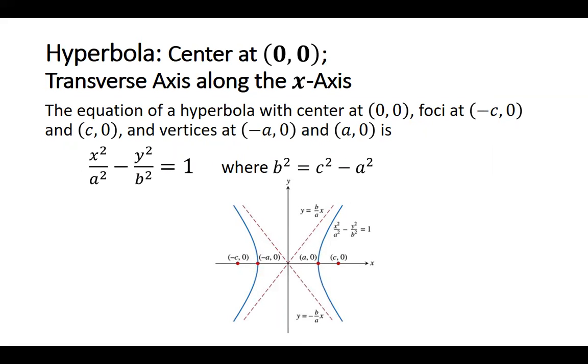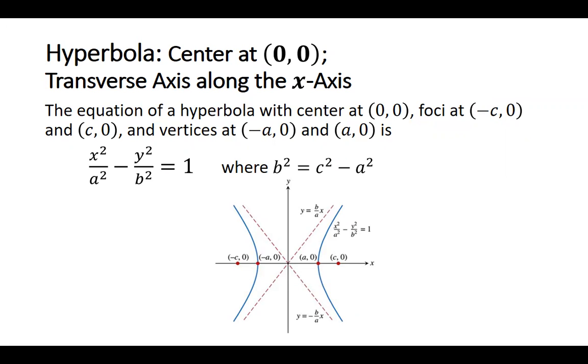So let's look at a hyperbola where the center is at 0, 0, and the transverse axis is along the x-axis. The equation of a hyperbola with center at 0, 0 and foci at negative c, 0 and c, 0. Notice again the foci are at plus or minus c, 0, and the vertices are at negative a, 0 and a, 0. The upside down V for a vertex gives us an a.